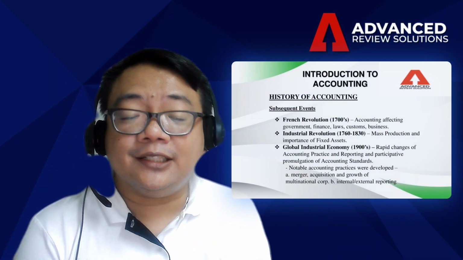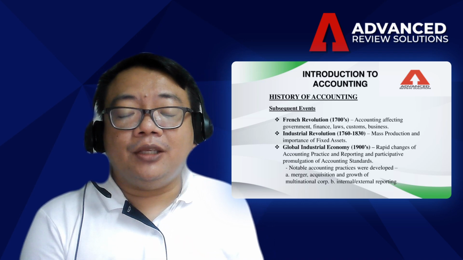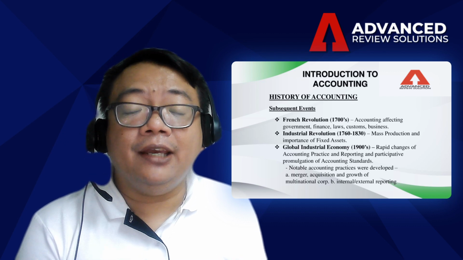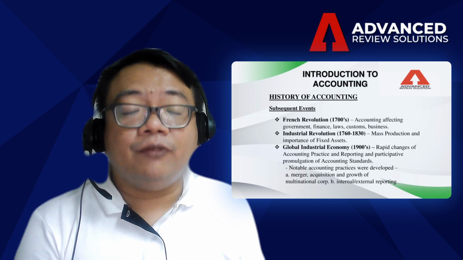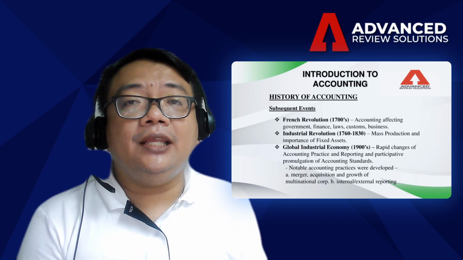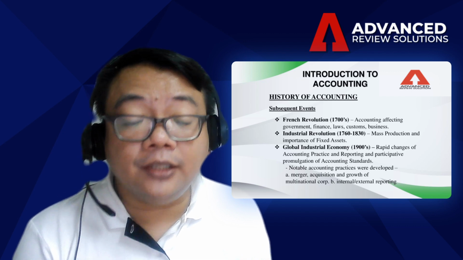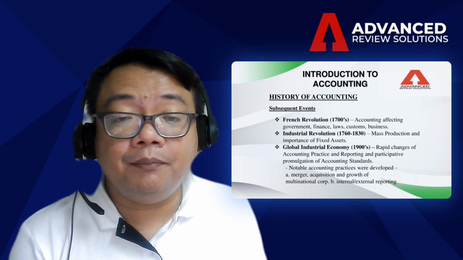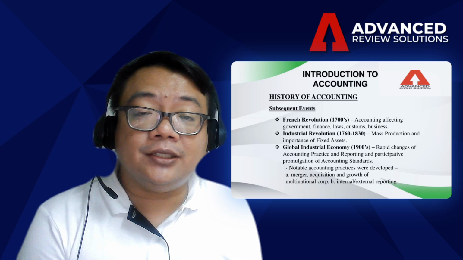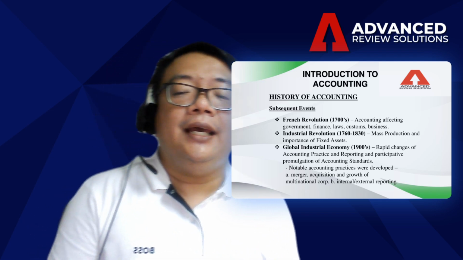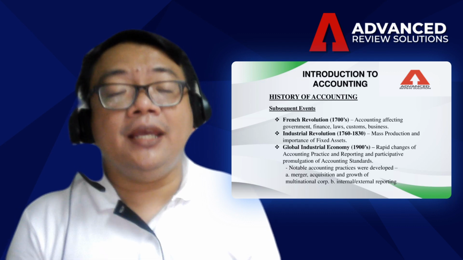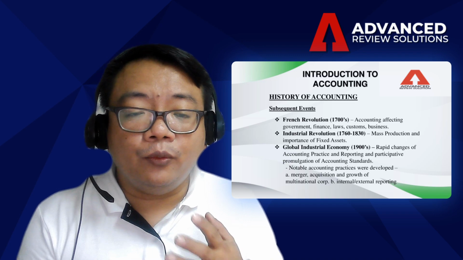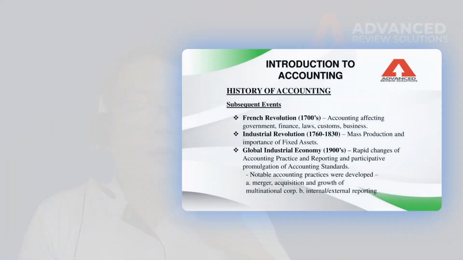Ang tawag doon ay SFAS pa the time, the Statement of Financial Accounting Standards. And now it is known as the IFRS, the International Financial Reporting Standards. And also we have the IAS, or the International Accounting Standards, or now it is also known as the PFRS, the Philippine Financial Reporting Standards. And at the same time, you also have the PAS, or the Philippine Accounting Standards. So, yan yung evolvement na of our accounting system na tinatawag natin.